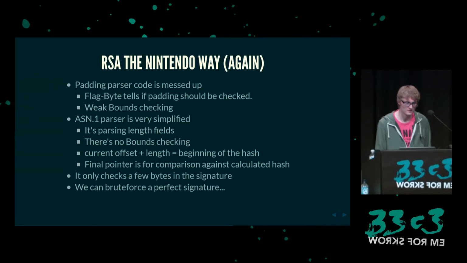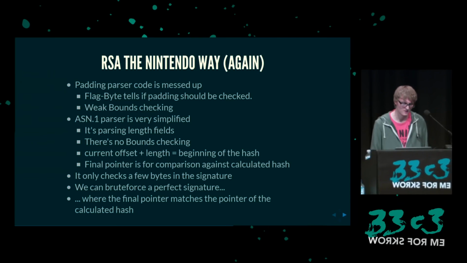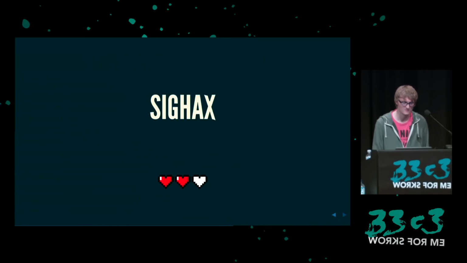What it does then is a mem compare of the calculated hash with the calculated hash. And this never fails, right? So it will always succeed, and this is sick hacks.